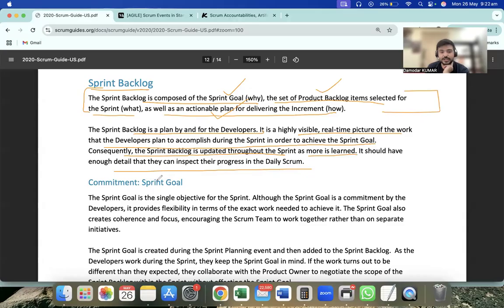So the commitment is the sprint goal, the single objective of the sprint. Although the sprint goal is committed by the developers, it provides flexibility in terms of the exact work needed to achieve it. The sprint goal creates coherence and focus, encouraging the Scrum team to work together rather than on separate initiatives.